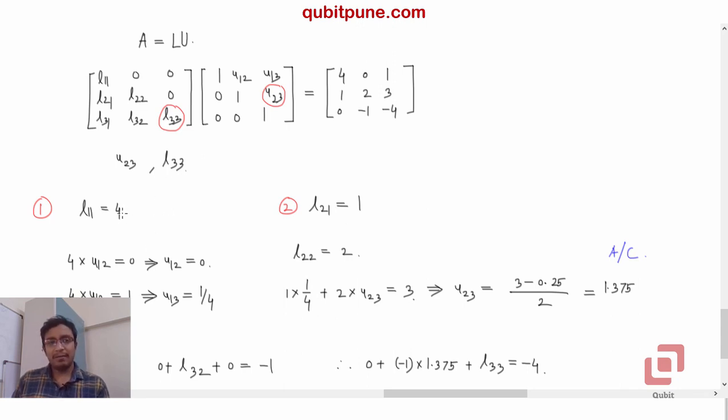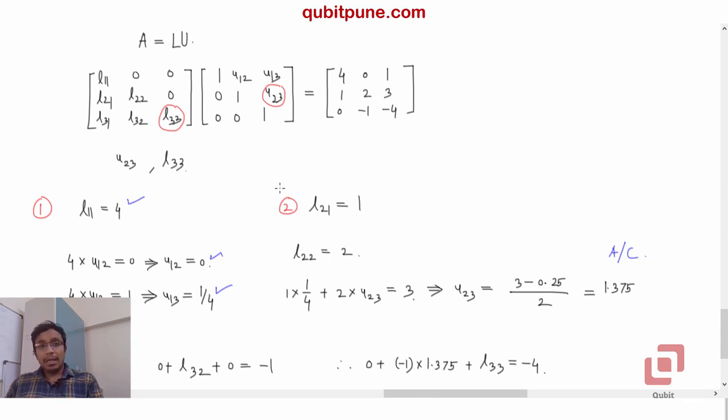Finding L11 is not difficult. L11 is very direct. L11 is equal to 4, and from this you can very easily get U12 and U13, because if you take the first row and second and third columns, you will get U12 and U13 straight away.